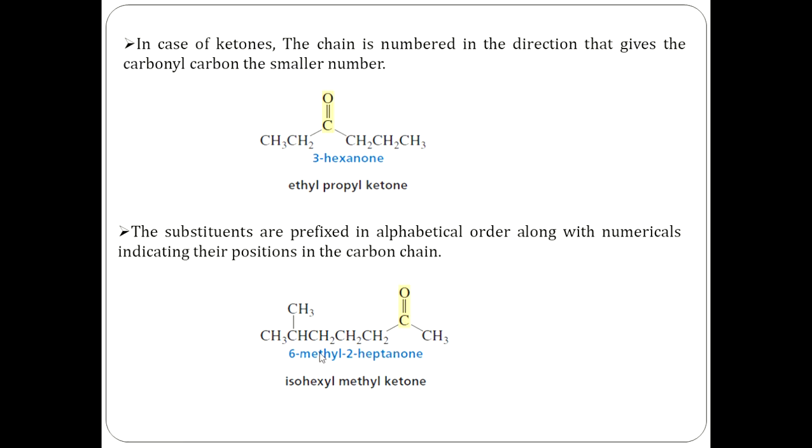Therefore, it is named 6-methyl-2-heptanone, because there are 7 carbon atoms, the carbonyl group is at the 2 position, and the methyl group is attached at the 6th position.